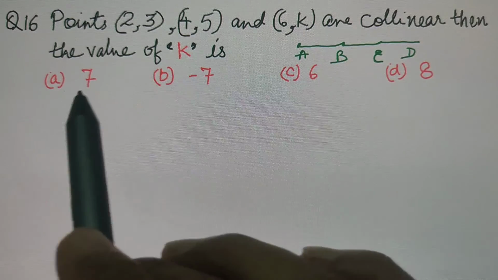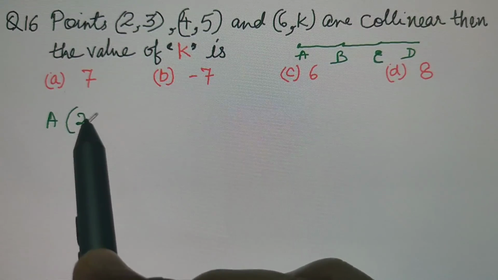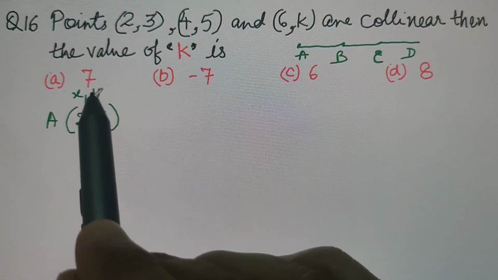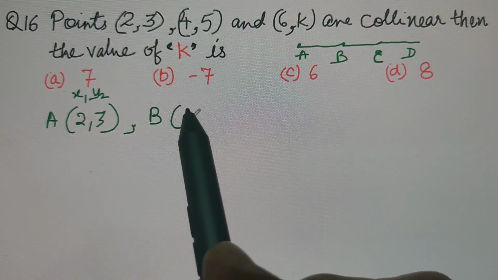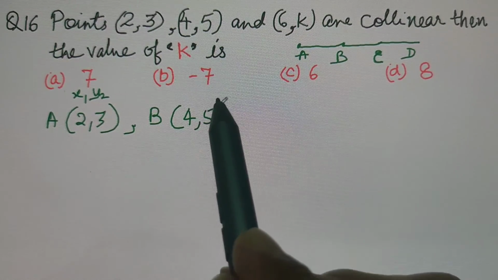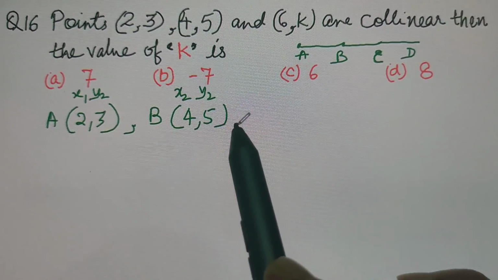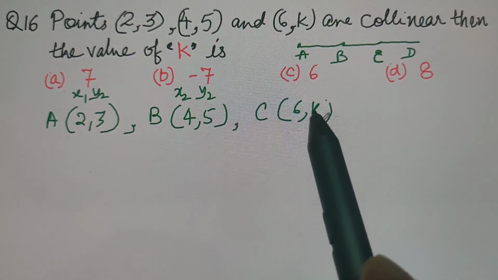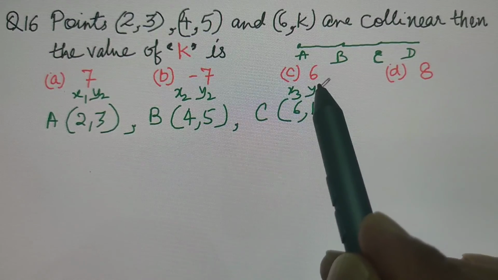Fine. Now let the first point be A, which is 2 comma 3. I mark it as x1 y1. And the second point as B, which is 4 comma 5. I write it as x2 y2. And lastly I have the point C, which is 6 comma k. I mark it as x3 y3.